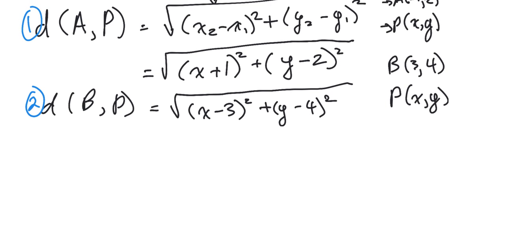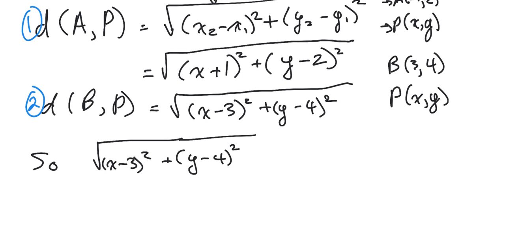You're going to get the square root of x minus 3 all squared plus y minus 4 all squared is going to equal the square root of x plus 1 squared plus y minus 2 all squared.